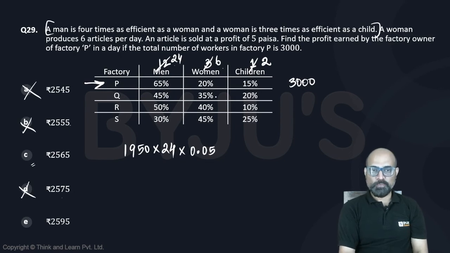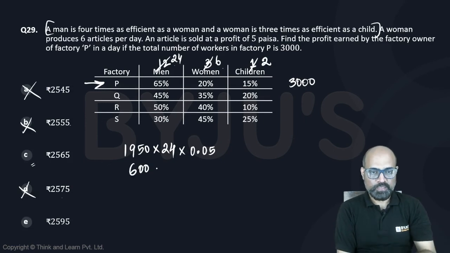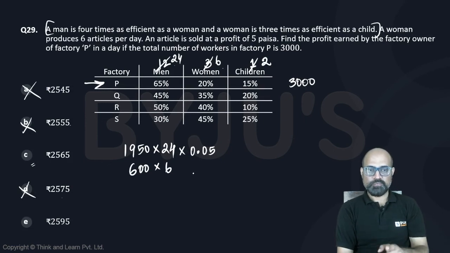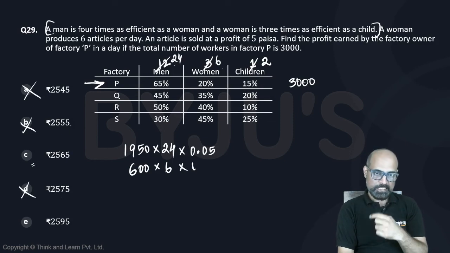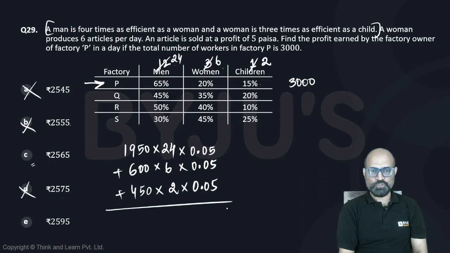If I talk about women, so there are 20% women. So this is going to be, sorry, 600 women. And each woman produces 6 articles at a profit of 0.05. And if we talk about children, the remaining are children. So 15% of 3,000, which is going to be 450. And 0.05. Well, actually, we don't have to solve this.